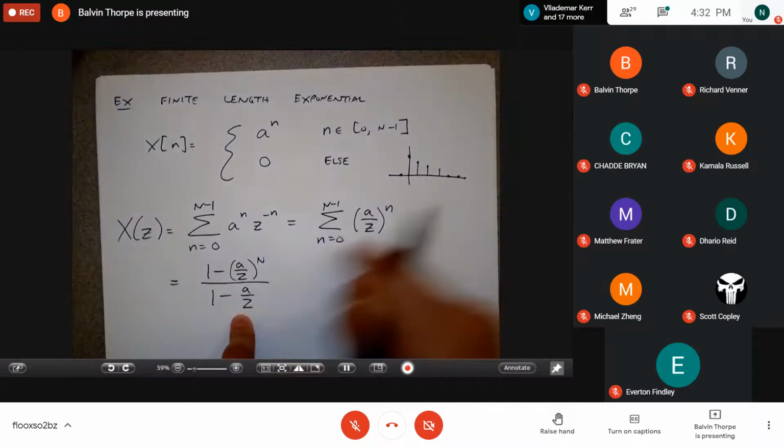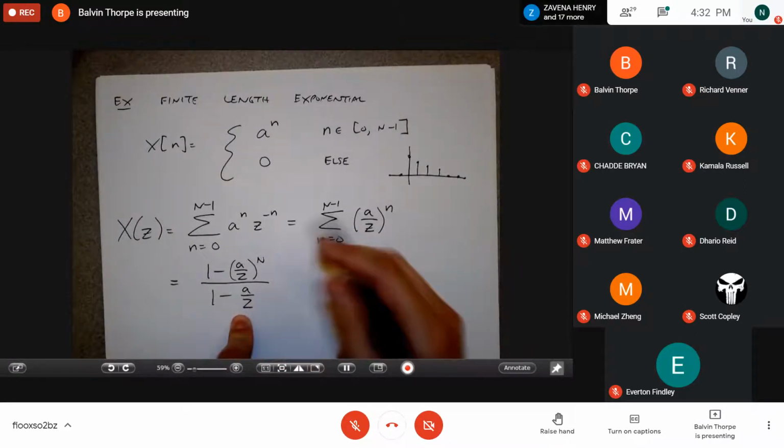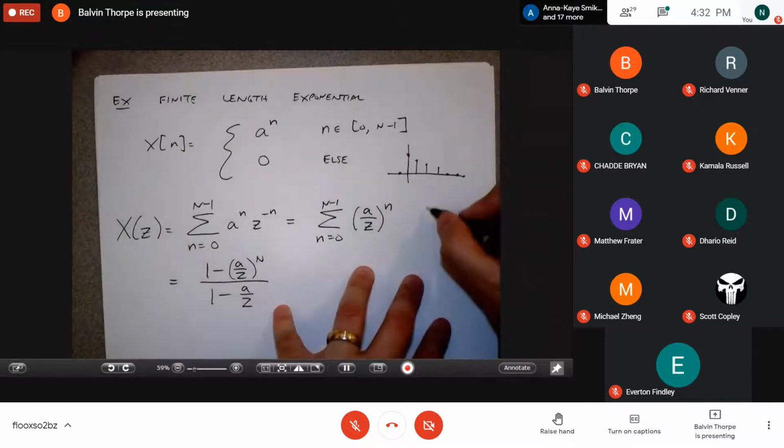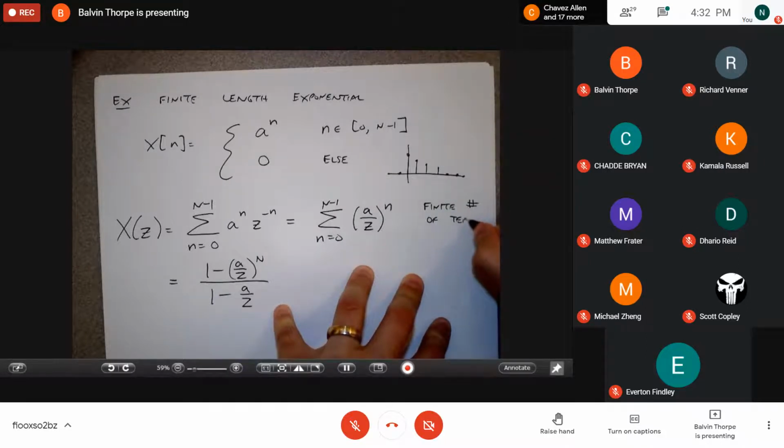This formula is valid no matter what the value of this is, because there's only a finite number of terms in this sum. So the formula is always valid.